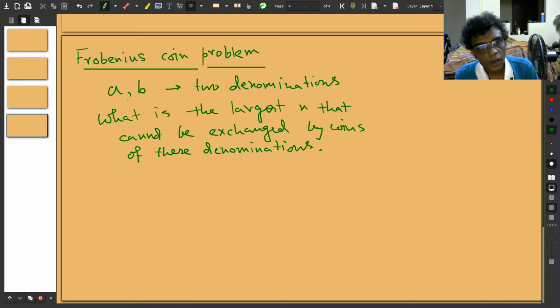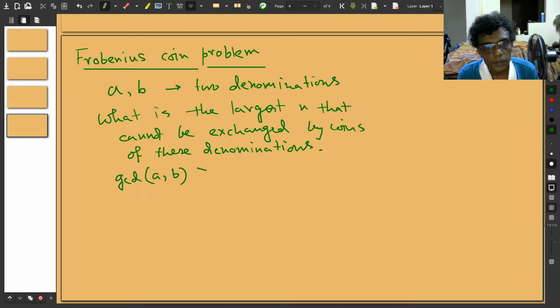First of all, you see that if GCD of A and B is greater than 1, let us call it D, then all the sums that can be exchanged will be multiples of D, right? And therefore this question makes no sense. There are arbitrarily large integers which are not multiples of D that cannot be exchanged by coins of this denomination.